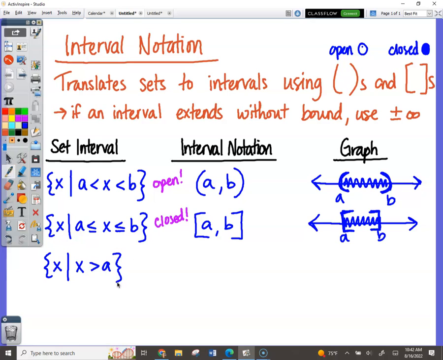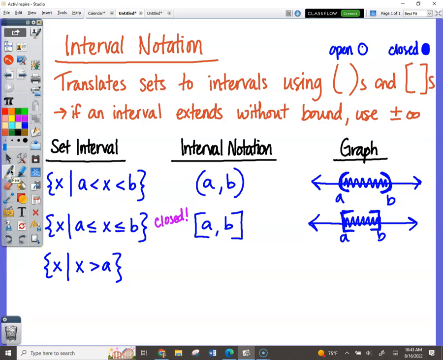So look at this one. I'm going to erase where it says open right here because I'm about to use the word open in another context and I don't want it to confuse you.